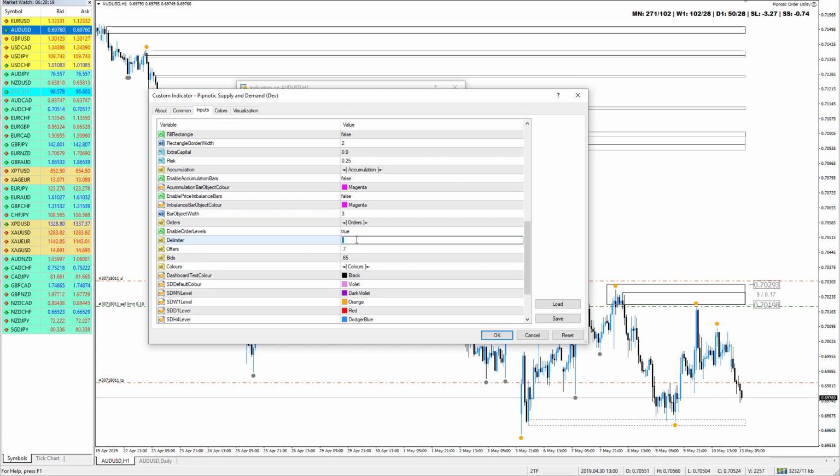And remember that if there are multiple order blocks, they should be separated with a space bar, and you can see that here. See the small space in there, because this will be the delimiter that is placed between the order blocks. We have 0.7 space 0.75, and for the bids we'll have down here, we'll put a space 0.6.